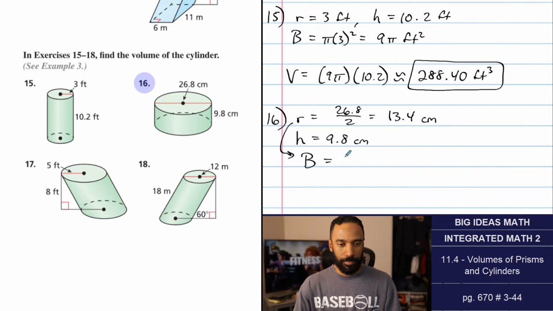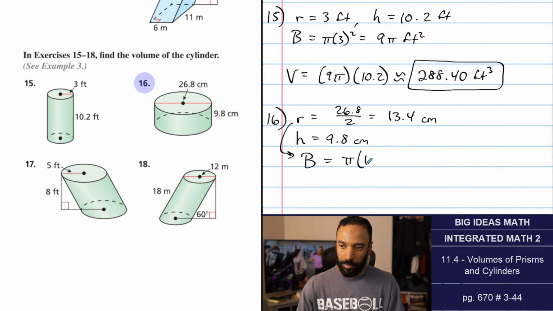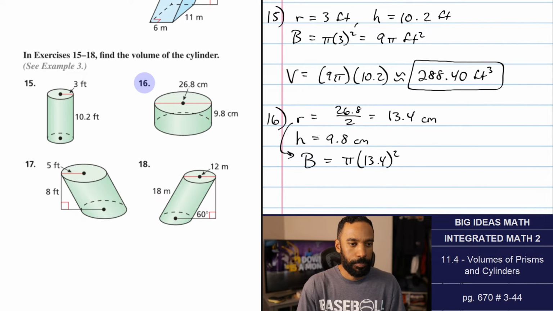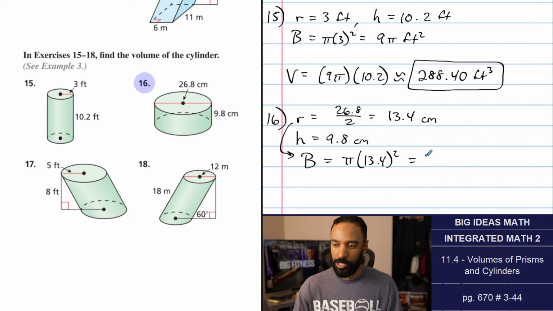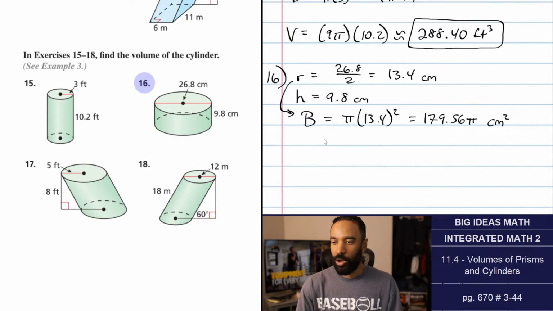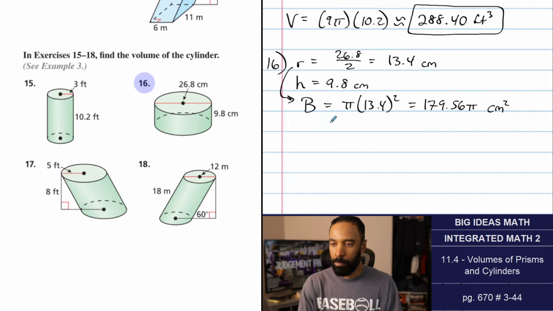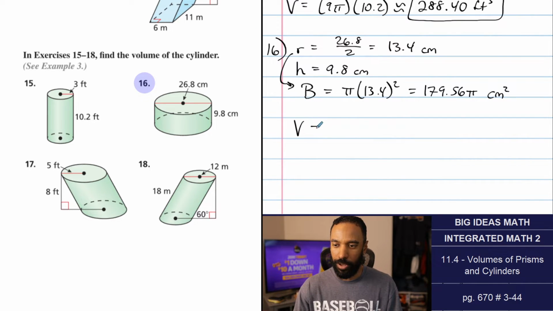Area of base, pi r squared, 13.4 squared is 179.56. Don't forget the pi portion of this still. This is square centimeters. So, area of base, boom. Height, boom. Let's go ahead and round that when we get volume.